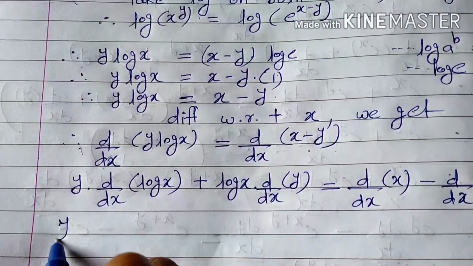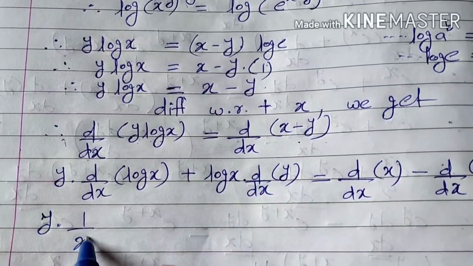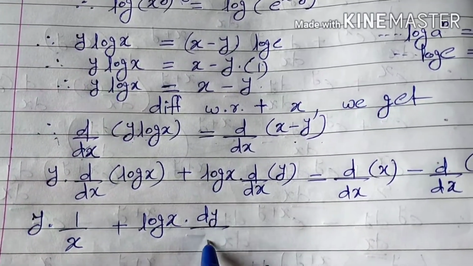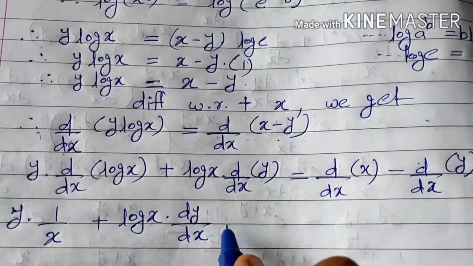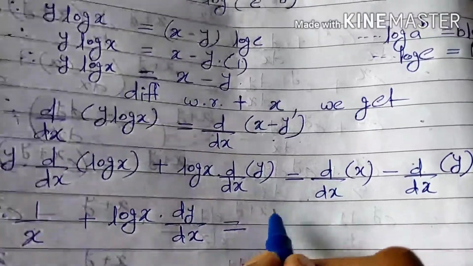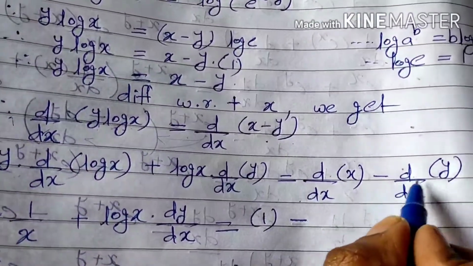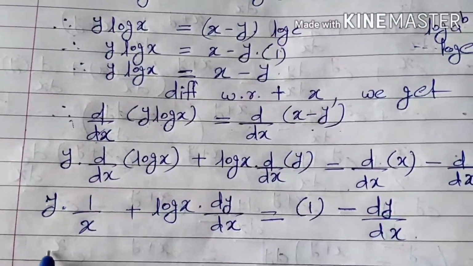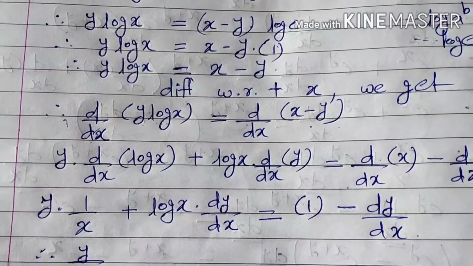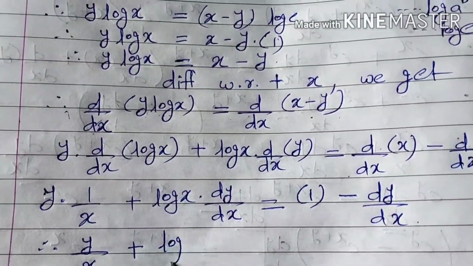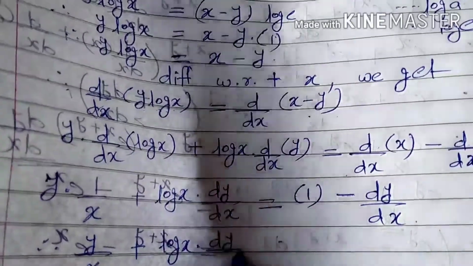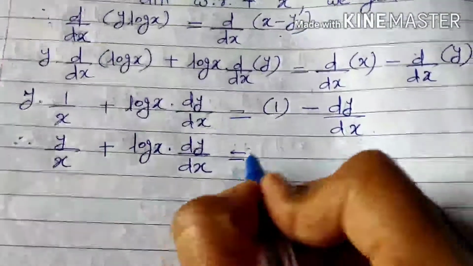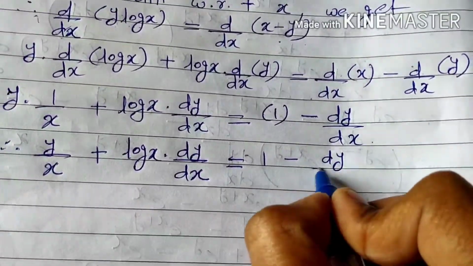So y as it is, derivative of log x is 1 upon x, plus log x as it is into dy by dx, derivative of y with respect to x. Next, derivative of x with respect to x is 1, minus derivative of y with respect to x is dy by dx. So it is y upon x plus log x into dy by dx is equal to 1 minus dy by dx.